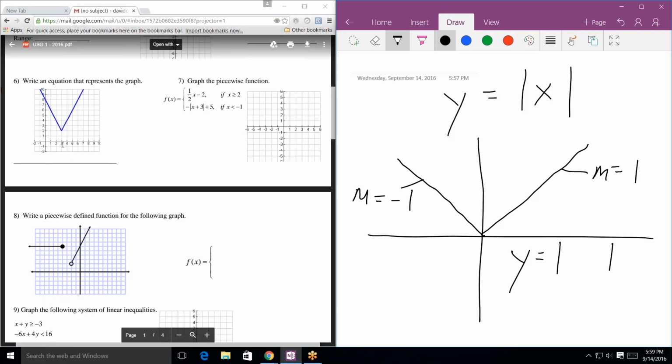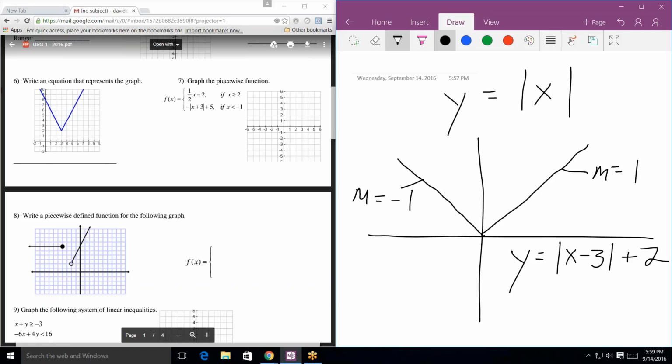The horizontal shift is right 3. Which is going to show up how in the function? x minus 3 inside the function. And the vertical shift is what? It's up by 2. And that's outside the function, so I put it there.